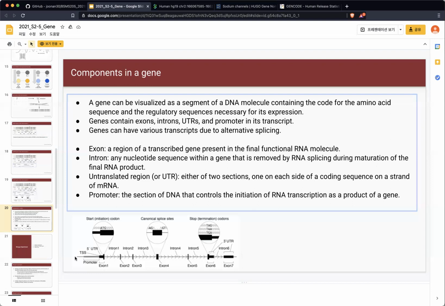So when you present your gene, you can present it this way, or you can present the reverse way. When your gene is on the forward strand, which is the first strand, the 5' to 3' direction is presented in this way. So this arrow indicates the direction, right?